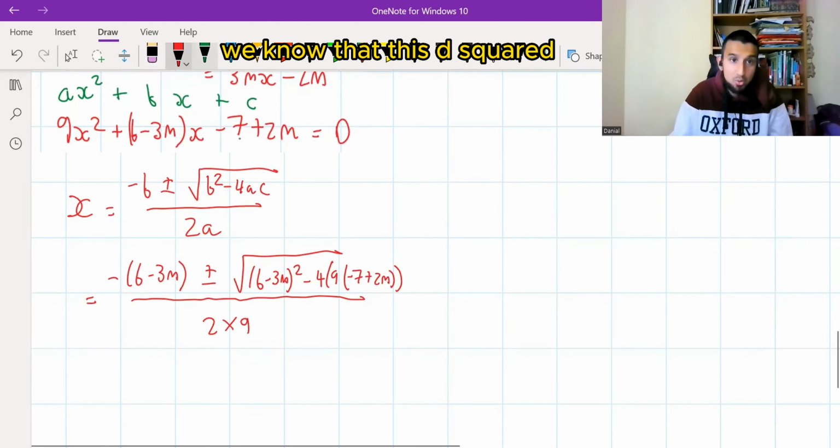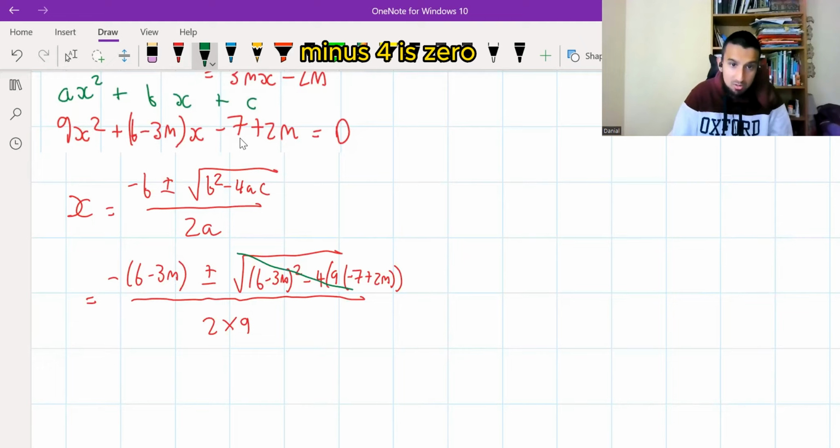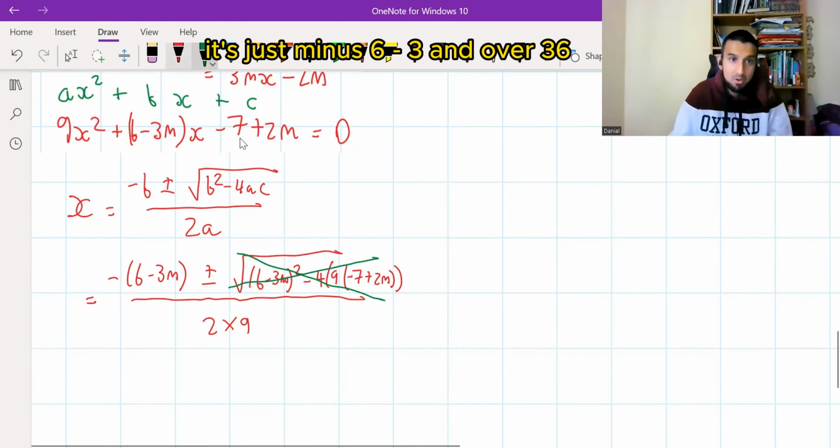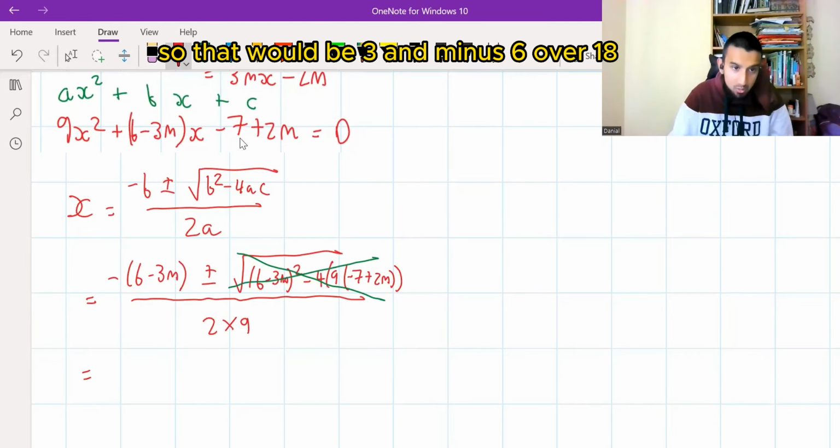On the bright side, we know that b squared minus 4ac is 0, so there's only going to be one solution and we don't need to worry about that. It's just minus (6 minus 3m) over 18, so that is (3m minus 6) over 18.